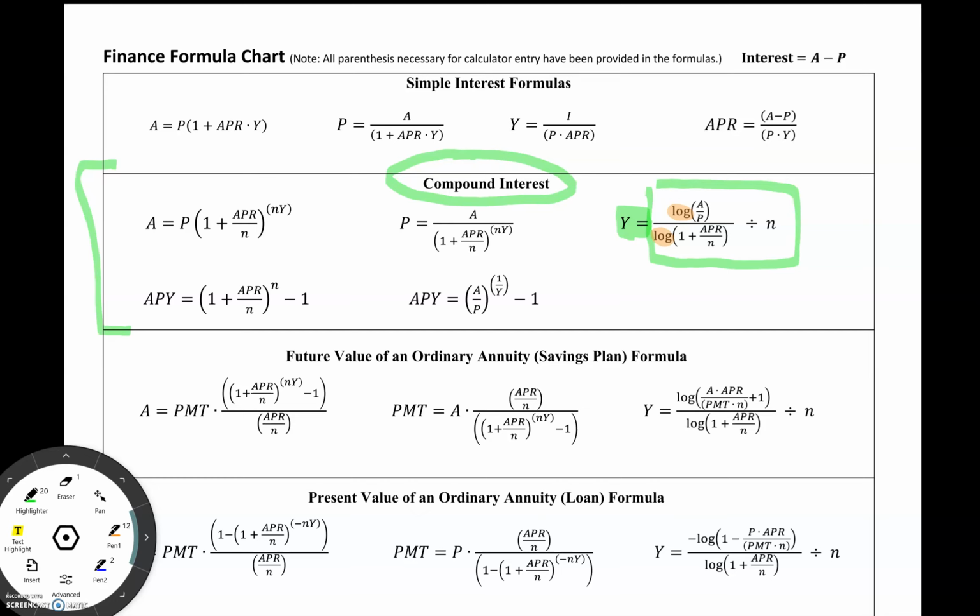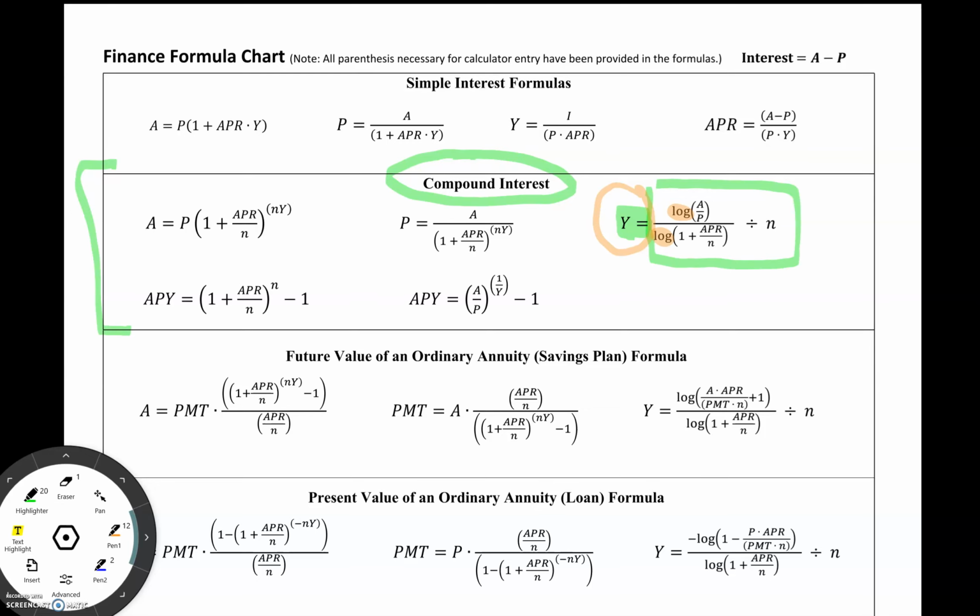If we have an unknown that's part of an exponent, the log is the inverse function for exponential. So we just use logs to find an unknown that's in an exponent. And luckily we've done all the algebra for you to isolate the y, to isolate the time. All you have to do is write this formula down exactly like you see it, plug the information into the correct places, and put it in your calculator correctly, which is easier said than done.